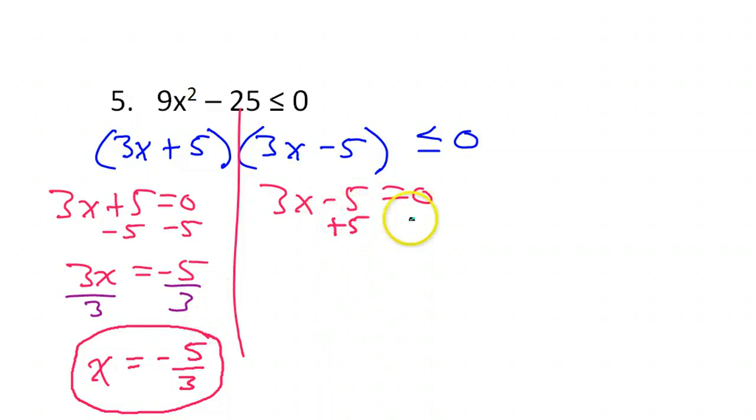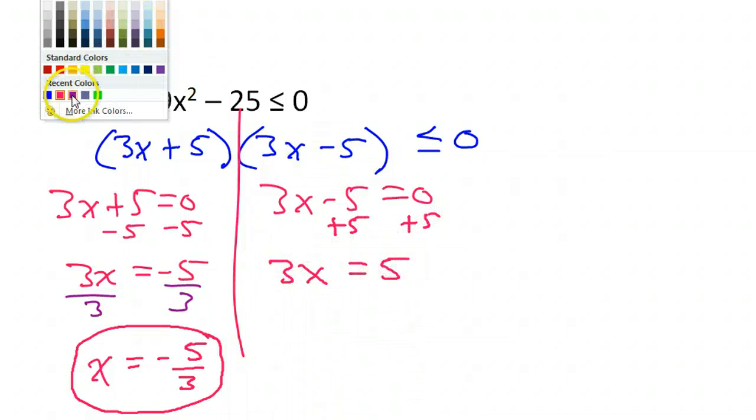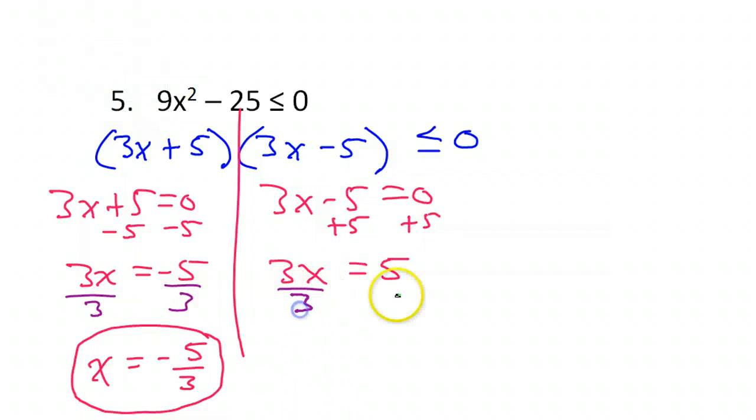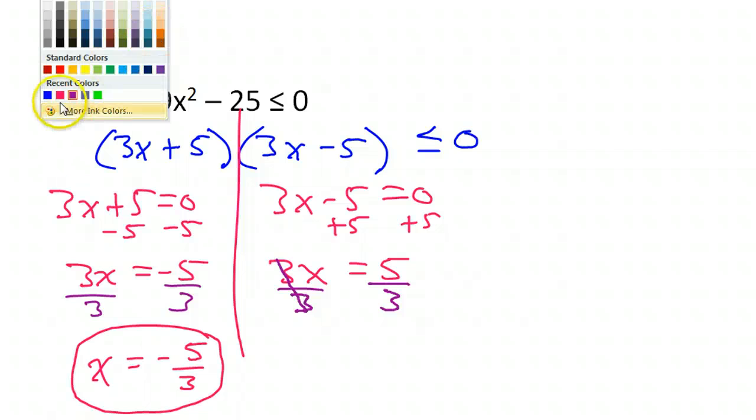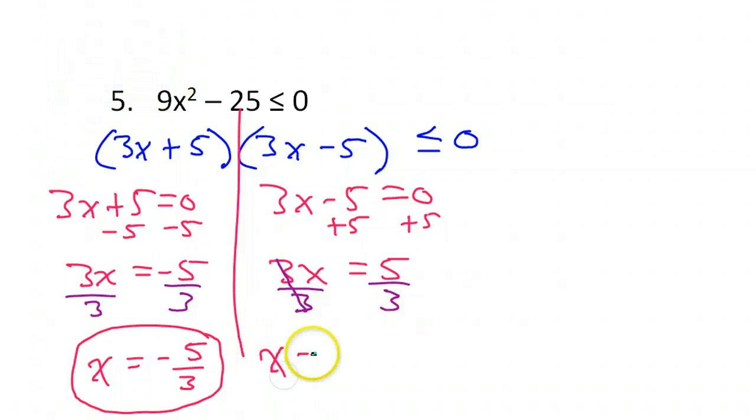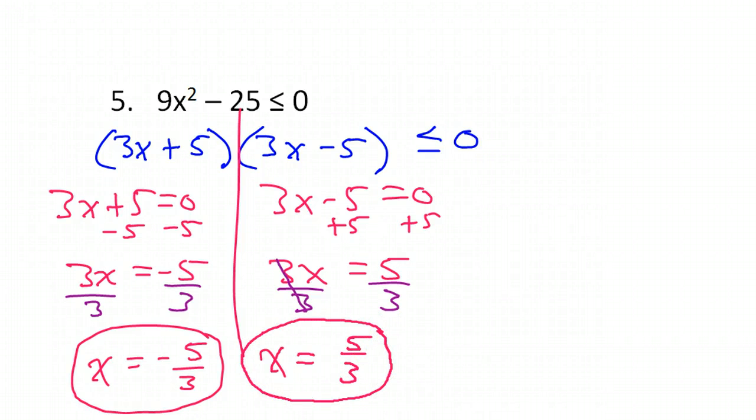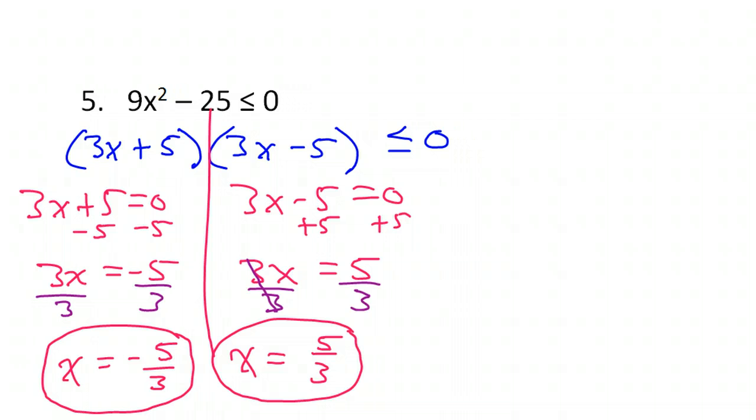Meanwhile, over here I'm going to add 5 to both sides. So that'll give me 3x equals 5. Then I'm going to divide both sides by 3. And that's going to give me x equals positive 5 over 3. So these are my two x-intercepts of this parabola.